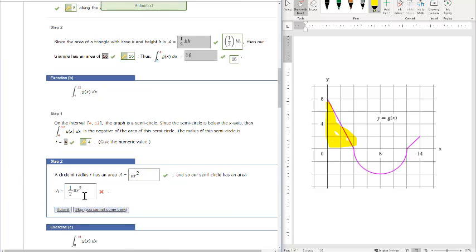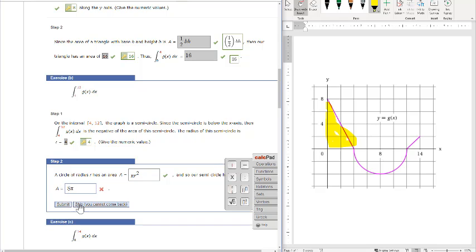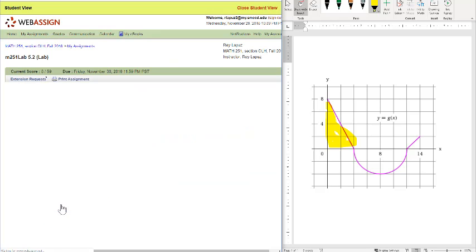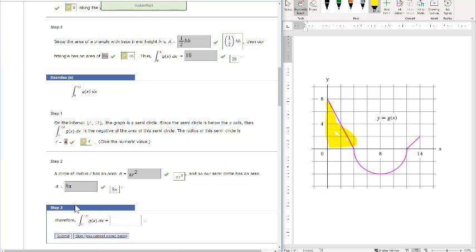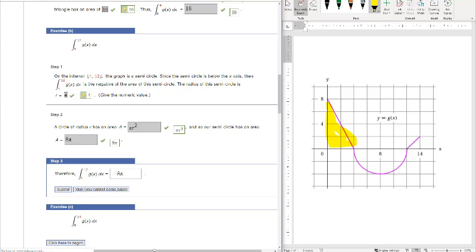Our particular semicircle has a radius of 4, so let's put 4 here. So this is 16. 16 divided by 2 is 8. So let's just say 8 pi. Now remember that this is below the x-axis, so our final result for the integral from 4 to 12 is going to be the negative of the area that we found, so that's negative 8 pi.